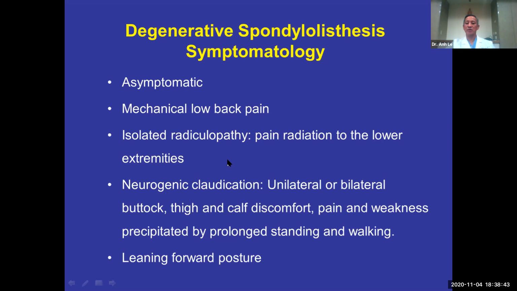Some of these patients develop severe spinal stenosis, and they can have what we call frank neurogenic claudication, where they would develop unilateral or bilateral buttock, thigh, and calf discomfort and weakness precipitated by prolonged standing and walking. So you see these patients in the grocery store when they bend over the shopping cart to maintain comfort, or they walk around with leaning postures.